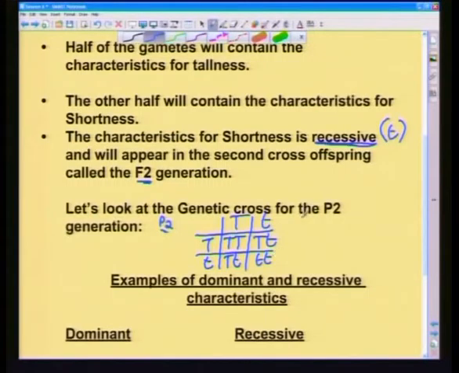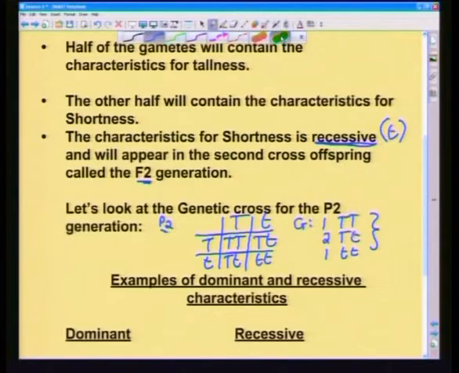So if we look at the genotype, we are going to have 1 homozygous dominant, 2 heterozygous, and 1 homozygous recessive. If we look at the phenotype, all the plants that now possess the capital T are going to be tall. So therefore, we're going to have 75% of the offspring tall, and 25% short.